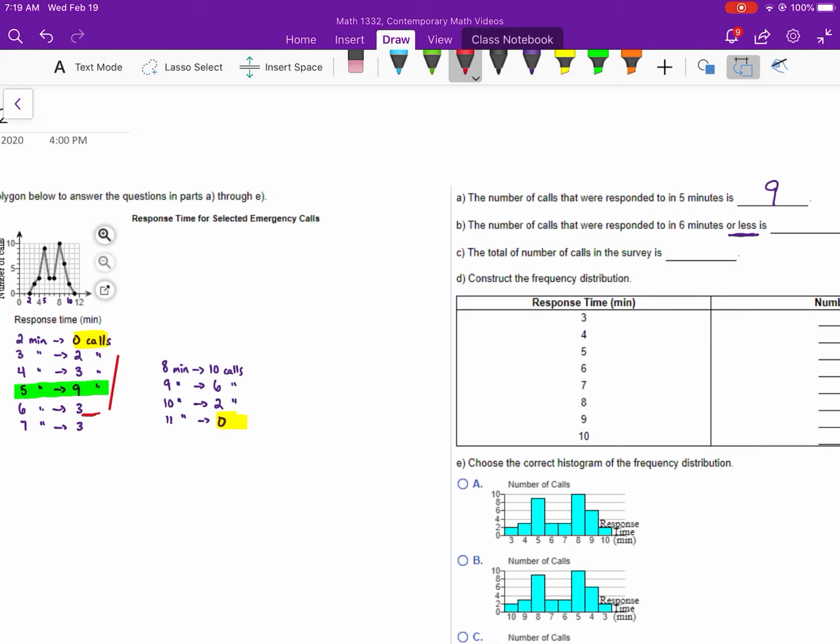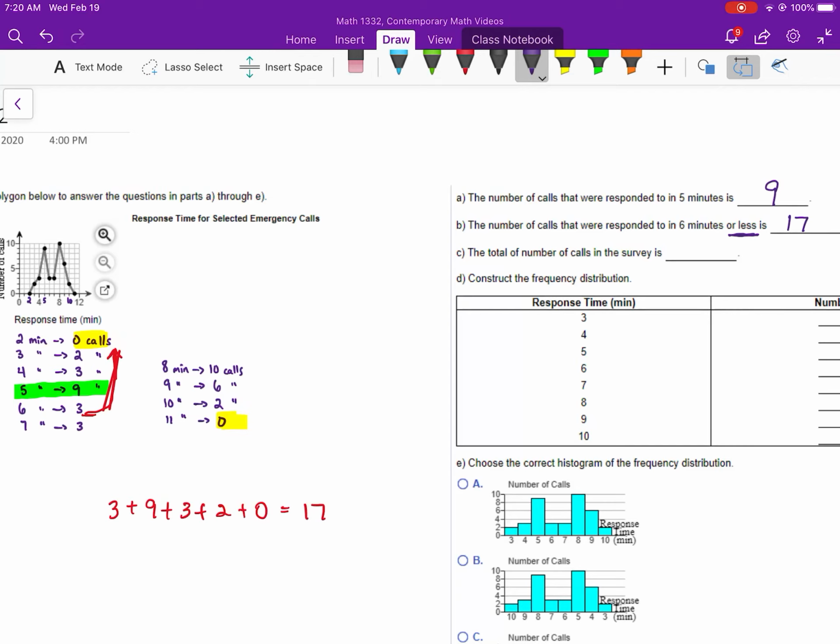So 3 plus 9 plus 3 plus 2 plus 0. Even though that 0 is not going to make any difference here. So 3 plus 9 is 12, 12 plus 3 is 15, 15 plus 2 is 17.